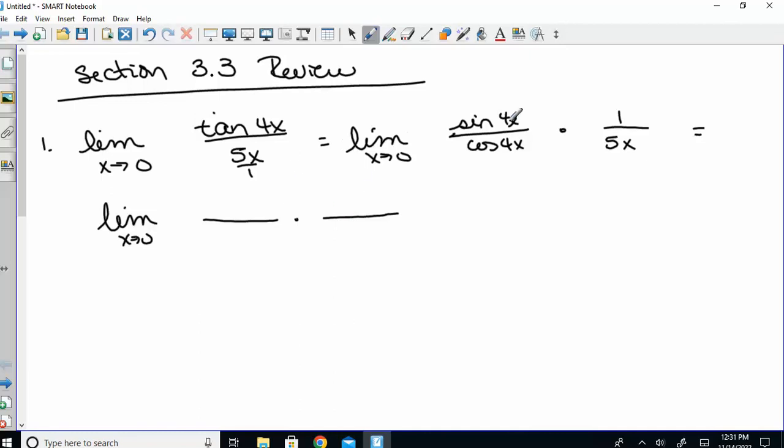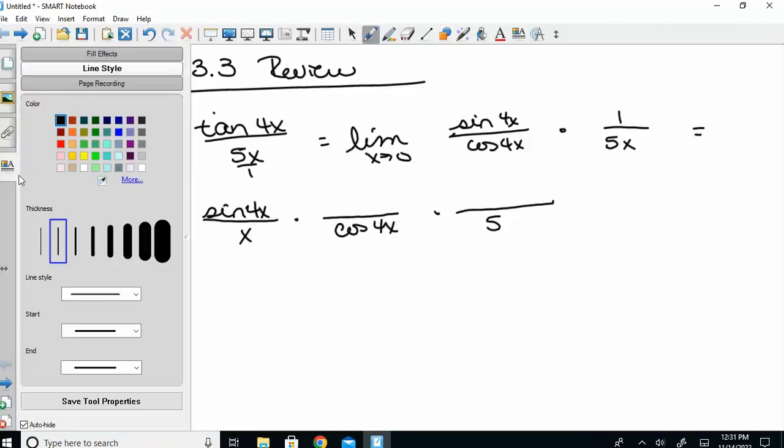Split it up. Okay, so I could put the sine 4x here. I don't really want the cosine with it, so I'll just put it over here. This one has a 5x. I don't need the 5 anywhere, but I do kind of need the x. So could I just slide it over here?